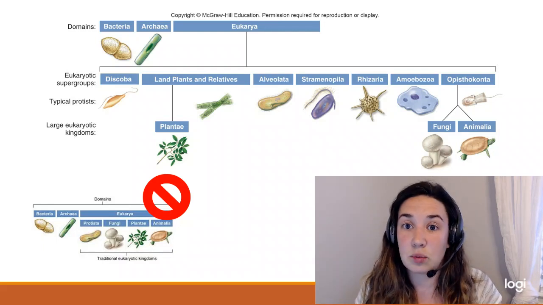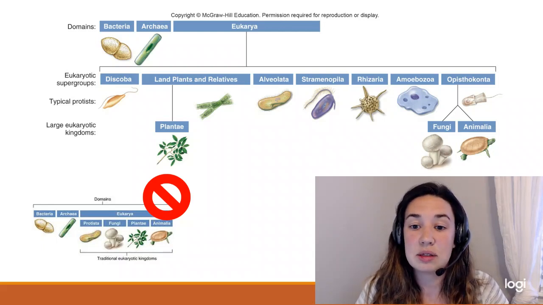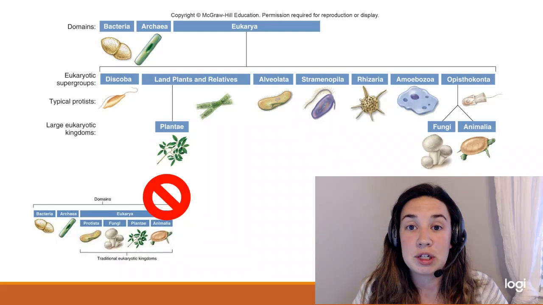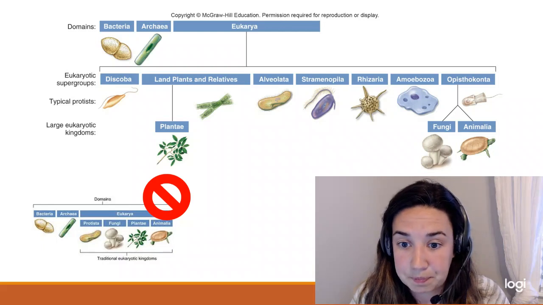And in the past, which is now considered wrong, there were four of them. So we had the protists or the protista, the fungi, the plants or the plantae, and the animals under Animalia. Those were the traditional eukaryotic groups that they had under that domain.